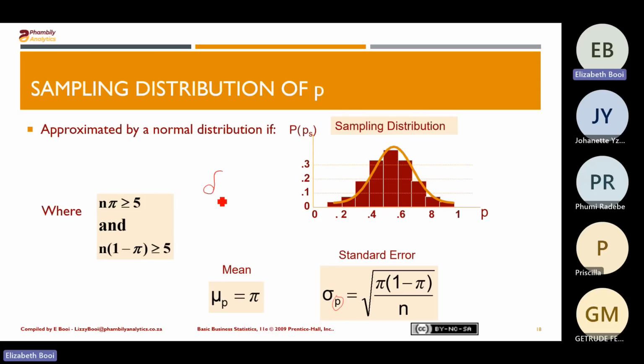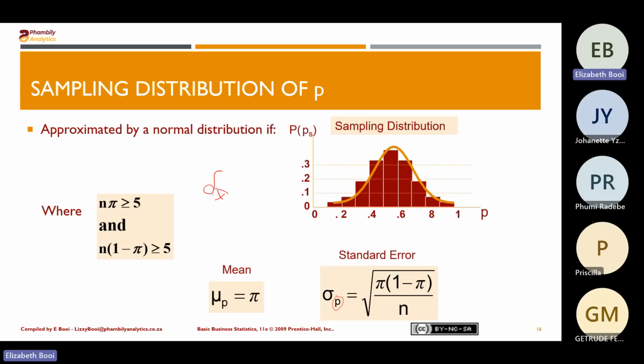When we were talking about the mean, we said the sampling distribution of the mean or the standard error of the mean. Here we're talking about the standard error of the proportion, and hence we put the P. It is given by the square root of the population proportion times 1 minus the population proportion, divided by n.